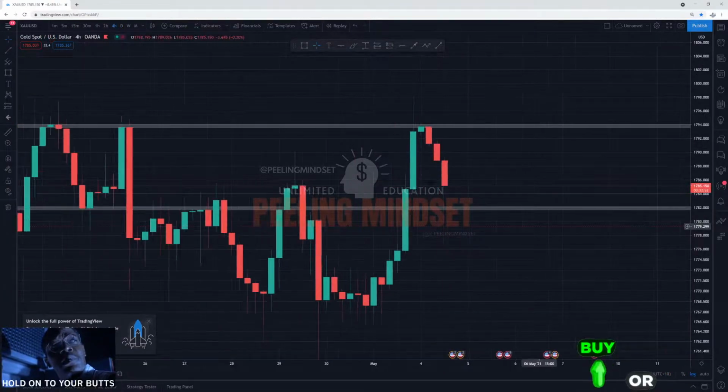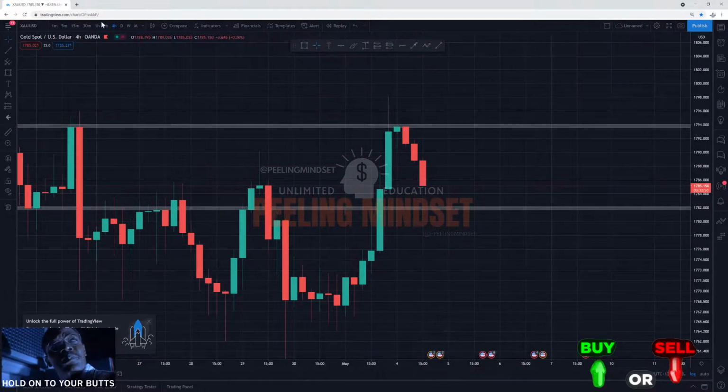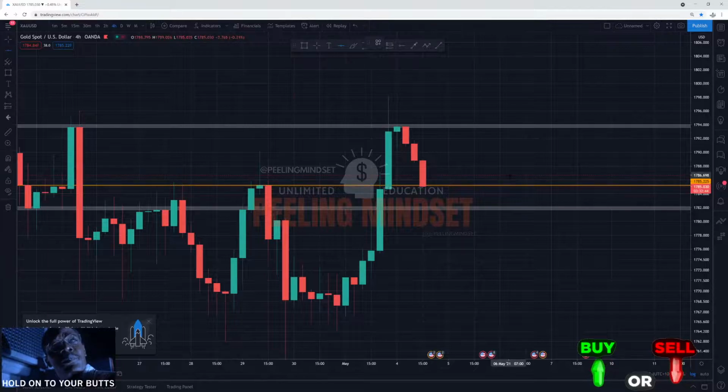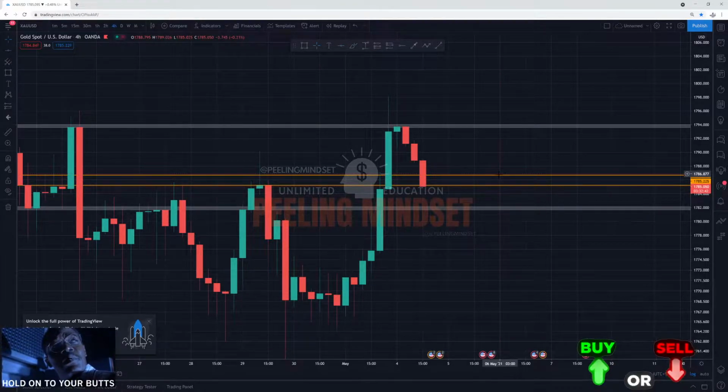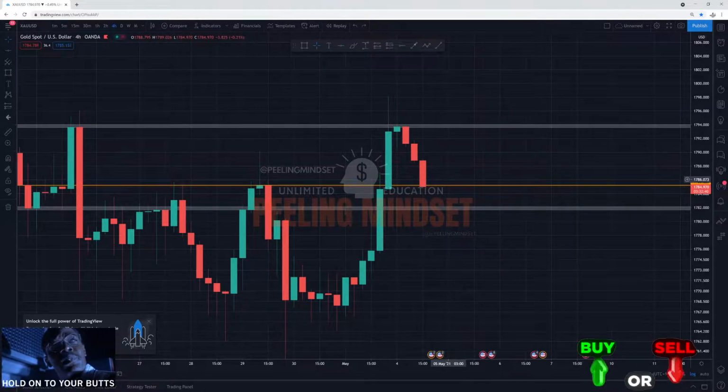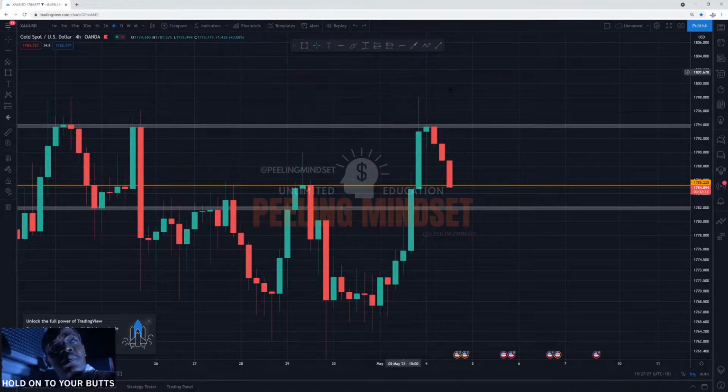So let's go to the 4-hour. The current 4-hour is actually very close to this other 4-hour resistance. That's something to look out for, if price is actually going to reject that level and start heading up, right? We have 3 hours and 30 more minutes for this 4-hour to close.